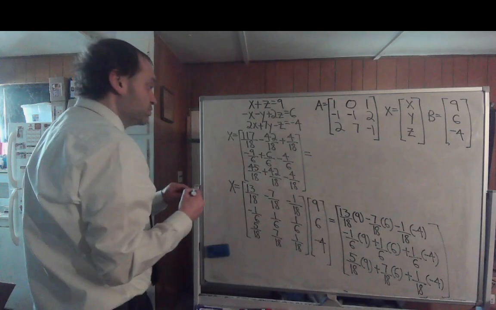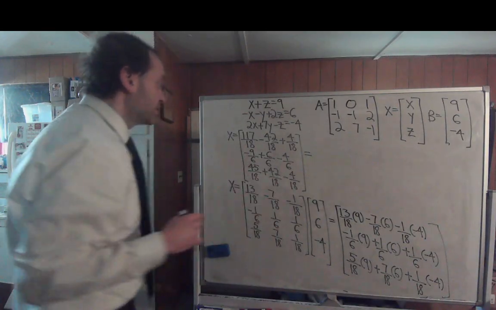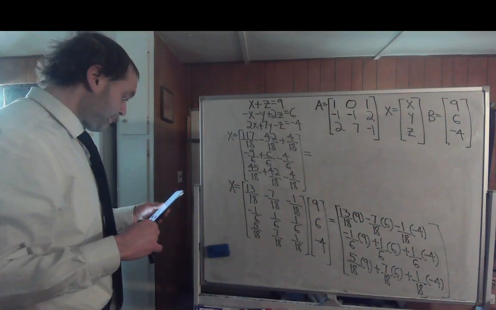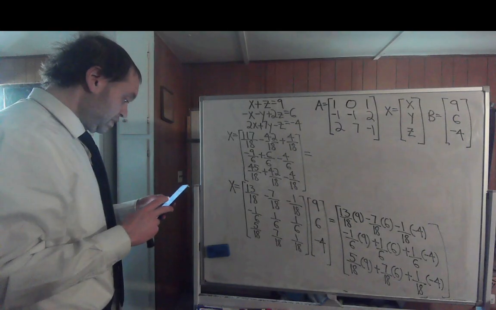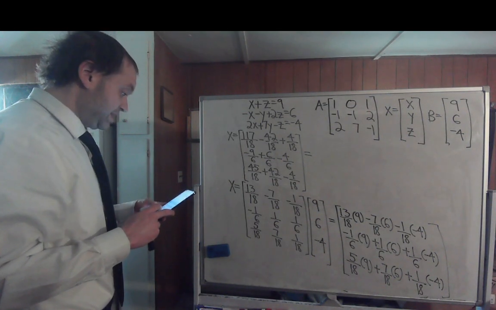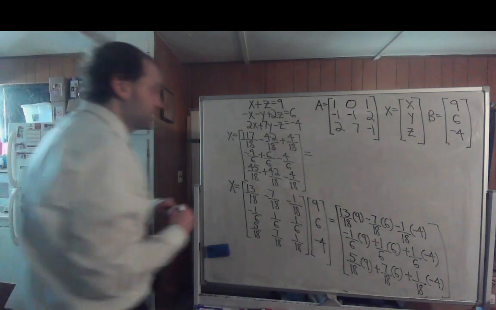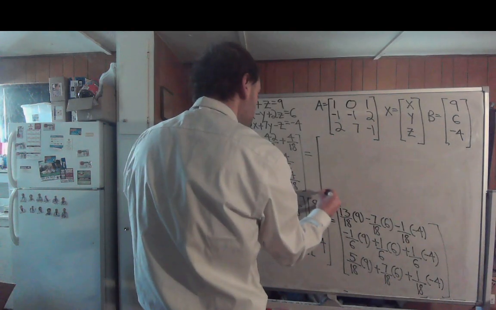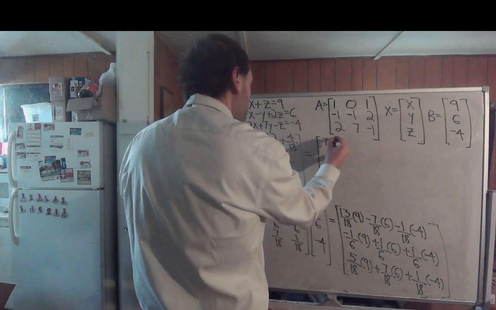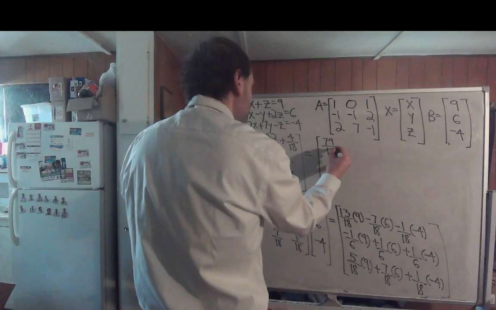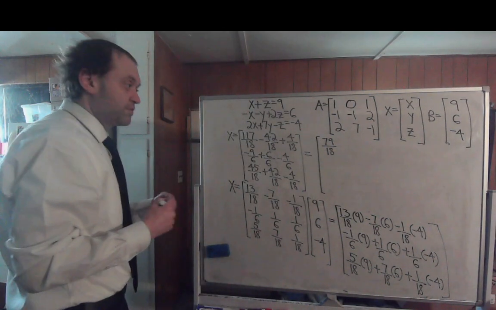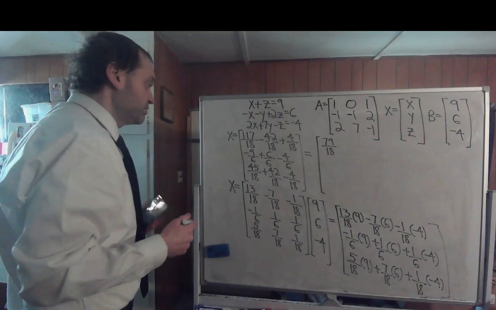Which now is going to simplify, let's figure all this out here. 117 minus 42, 75 plus 4, that's 79/18. So first row, you'll get 79/18, and that doesn't reduce any further, unfortunately. So that's your x solution.